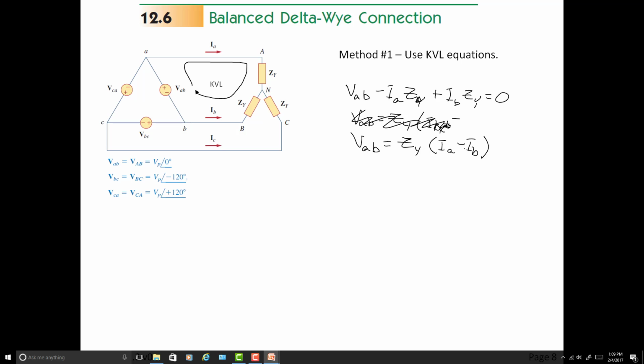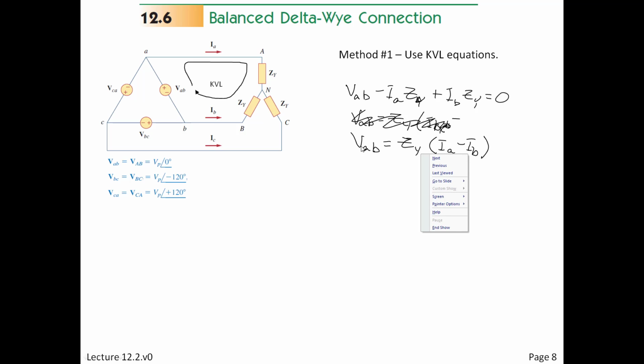Okay, but we already know that IB is the same magnitude but lags IA by 120 degrees.